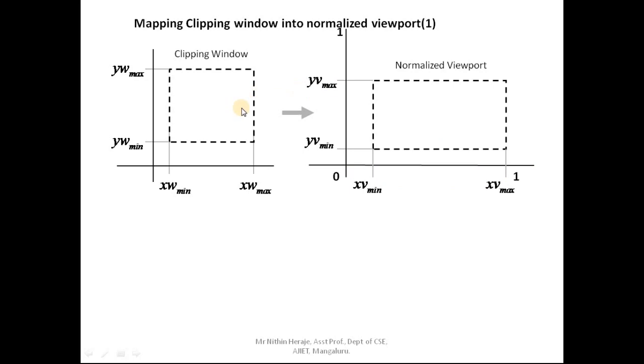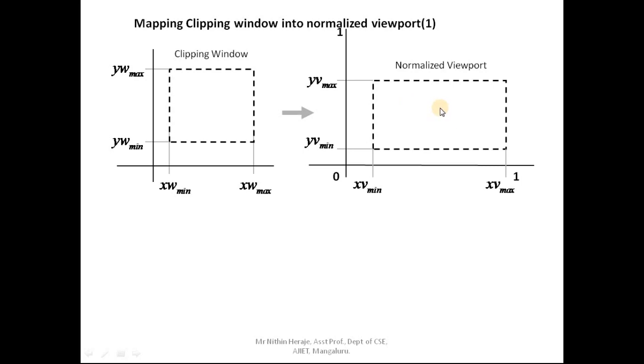Basically what has happened is scaling has taken place. Scaling means there is a change in the size, right? You can see the size of this window and the size of this window has slightly changed, and also the position of the window has slightly changed, which we call translation. The change in position is nothing but translation.